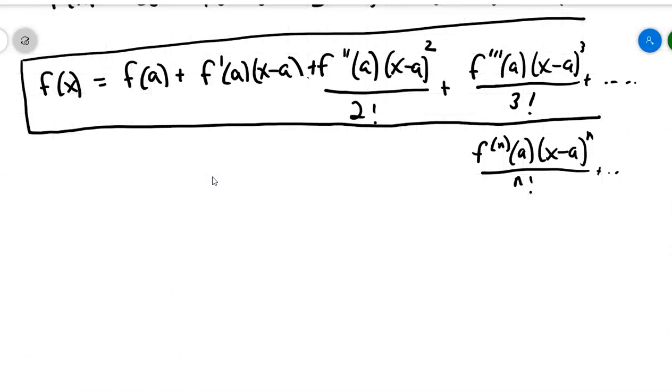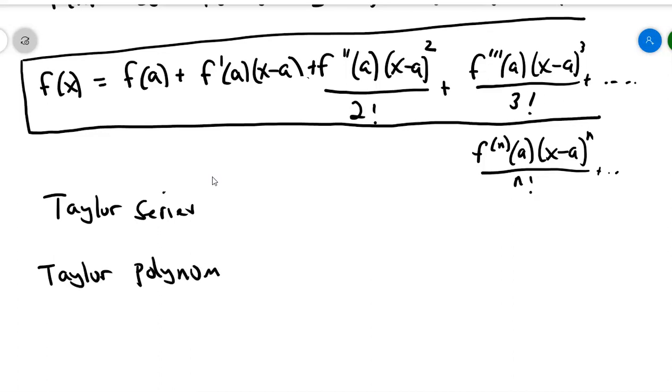So when you're asked to create a Taylor series, or if you want just part of it, you're looking for the Taylor polynomial, centered at x equals a. And that is the formula that you're going to need to commit to memory. And that is the f of a, f prime of a, x minus a, f double prime of a, x minus a squared over 2 factorial, f triple prime, and so forth and so on.